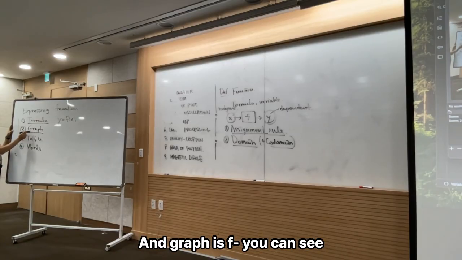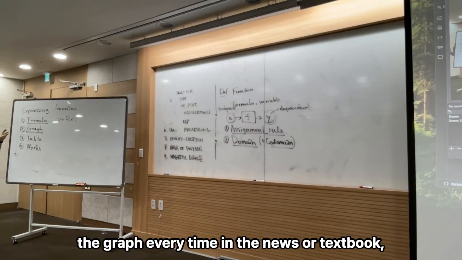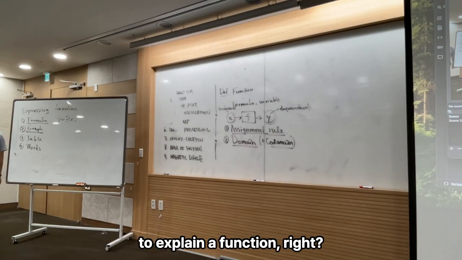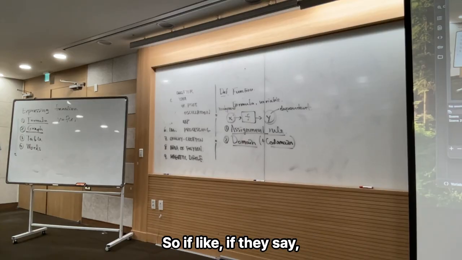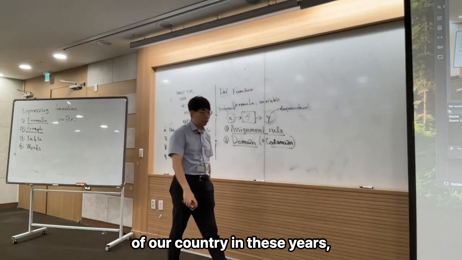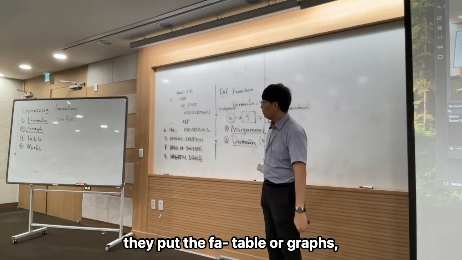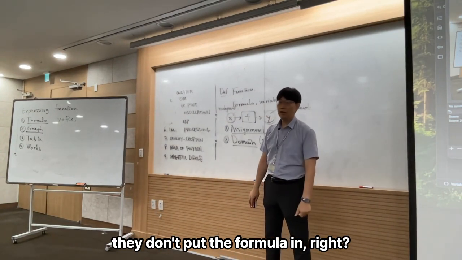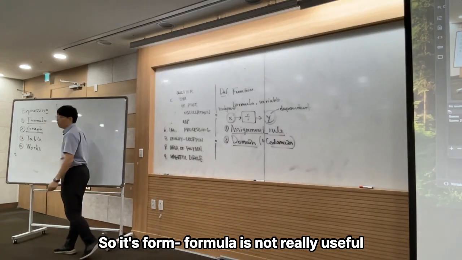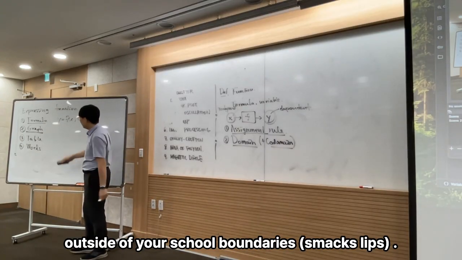You see graphs every time in the news or textbooks. They never put the formula to explain a function. If they say there was some increase in the population of our country in these years, they put a table or graphs. They don't put the formula in, right? So formula is not really useful outside of your school boundaries.